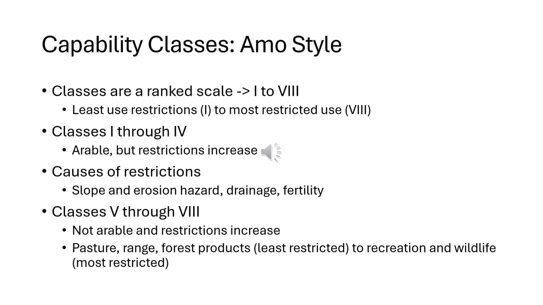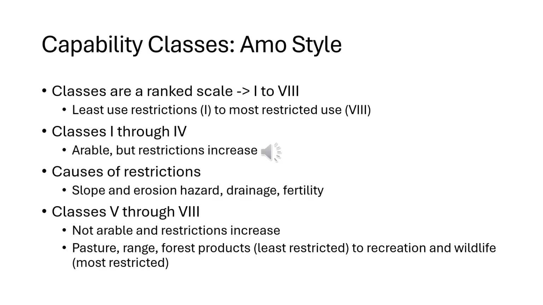Okay, so here's how I critically think through this scale, and I'm able to recreate it by understanding some key points. First, you have our classes. They use Roman numerals from 1 to 8. And 1 is least restricted. It is great, arable, or farmable land.